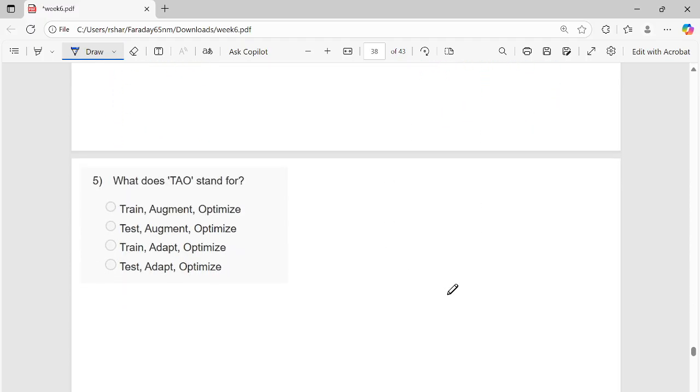Next question. What does TAO stand for? So T stands for train, A stands for adapt, and O stands for optimize.